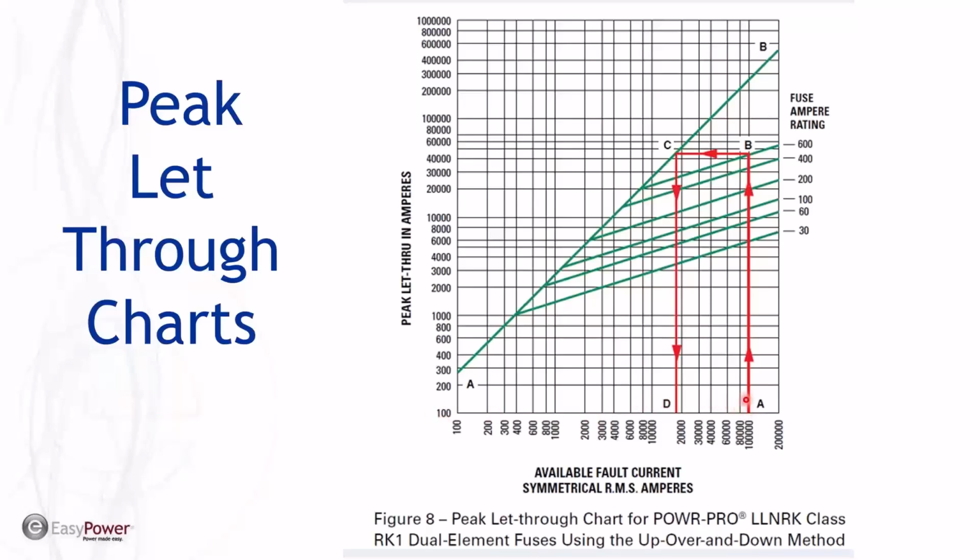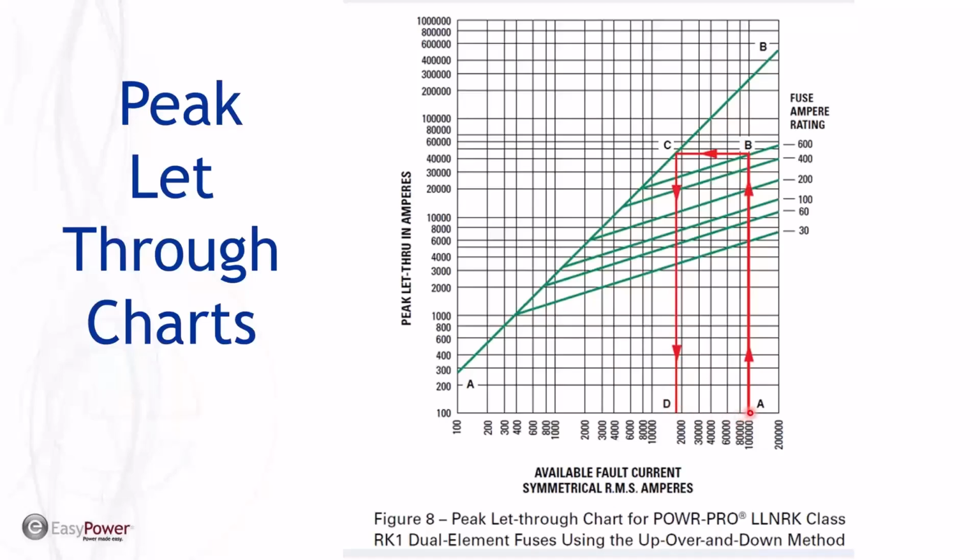Intersect the 100,000 amp value on the bottom axis, take it up to where it intersects the value of the fuse line, and then over to where it intersects the load line, and then go down, and that will give us the total current that will be delivered to the downstream load.